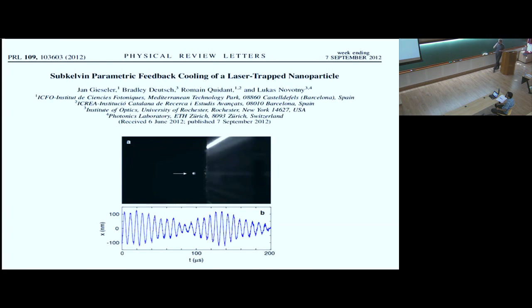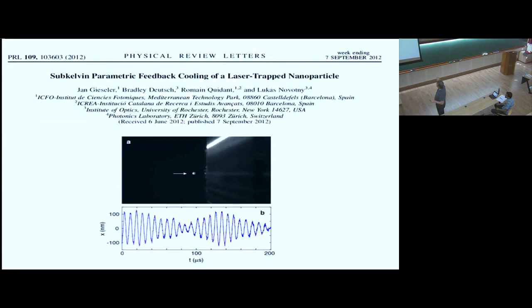Okay, so levitated optomechanics. Nikolai told you, of course, already all the important stuff about this. It is about trapping particles in vacuum. Here you see one of those experiments, which you also have seen already before, from Romain Quidant and Lukas Novotny in the collaboration. So they did basically trapping.